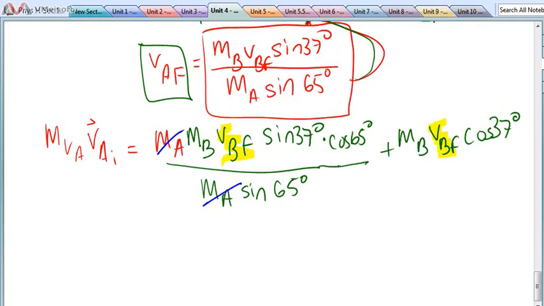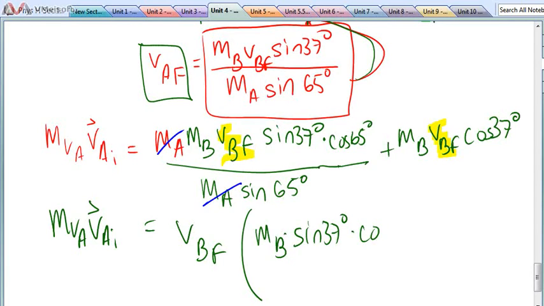Not gross, but so we got VBF, and let's write what we got on this side. Outside of MB times sine 37 degrees times cosine of 65 degrees over sine 65 plus MB cosine 37 degrees.